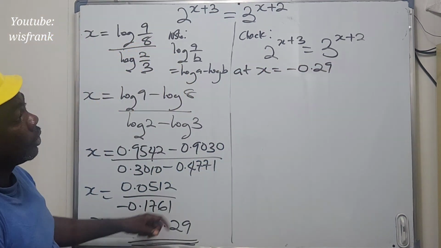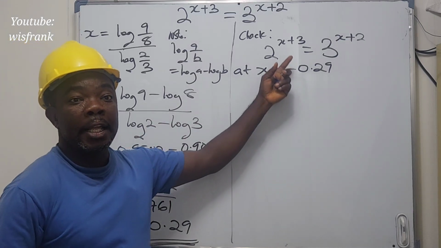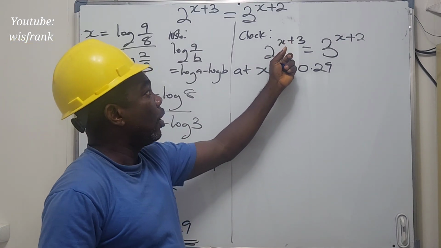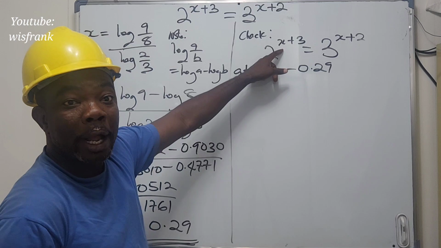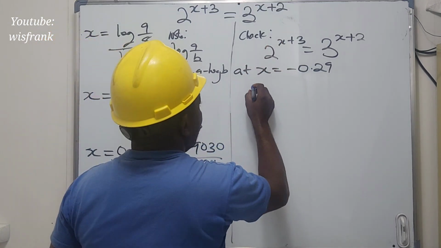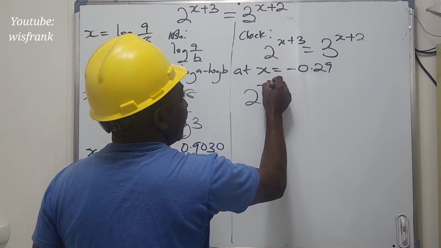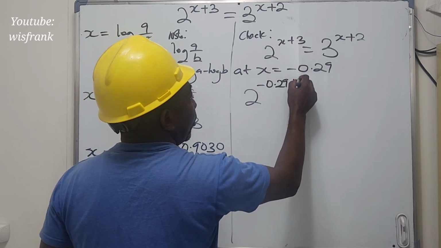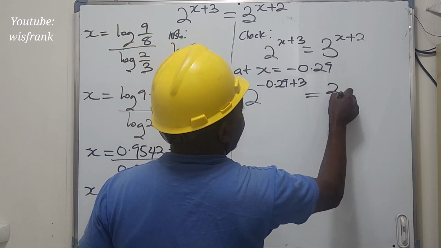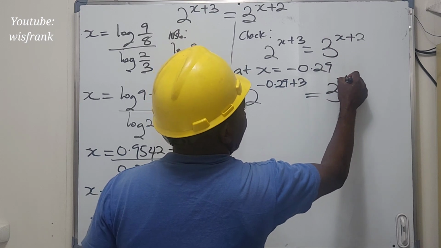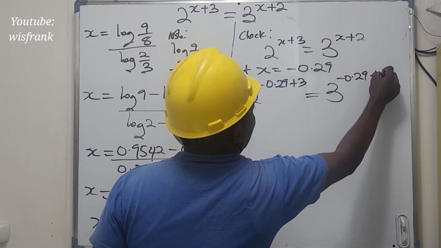So we are going to substitute this value in the place of x that we have in the equation. So this will become 2 to the power of minus 0.29 plus 3, equals 3 to the power of minus 0.29 plus 2.